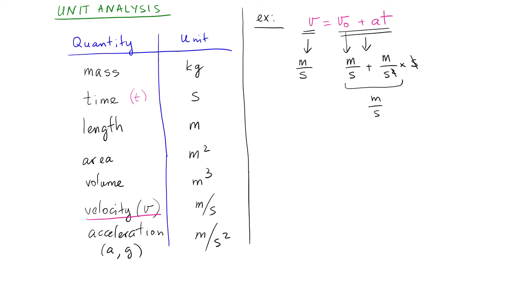So on the right side, I have meters per second. On the left side, I have meters per second. Which means this expression is dimensionally correct. Okay, so we can put the check mark.